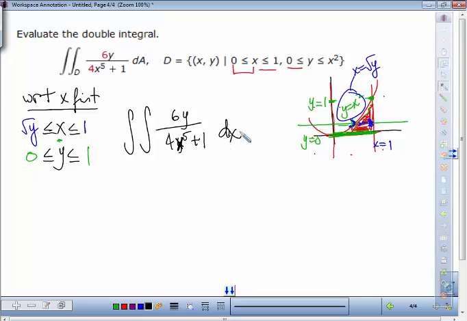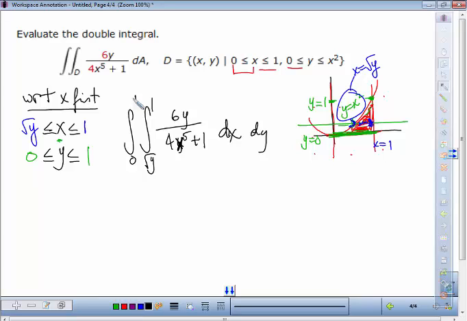With respect to x, so we got our limits, the square root of y to 1, and with respect to y, constants 0 to 1. Okay? All right.